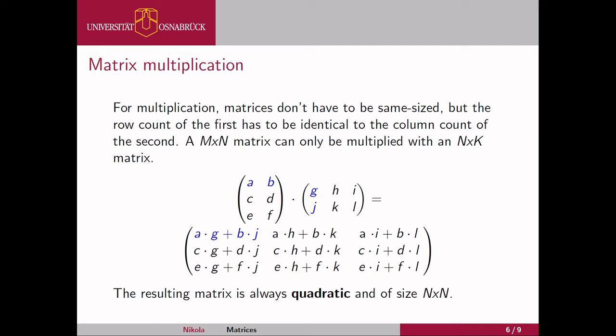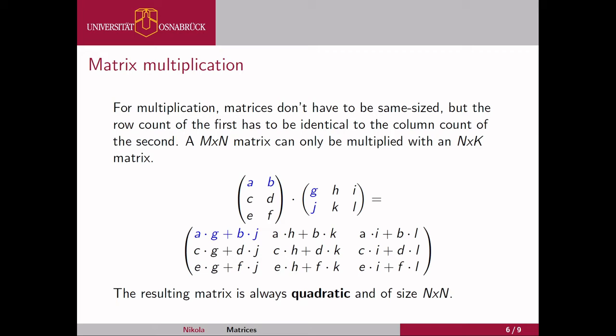The necessary property in order to be able to multiply two matrices is, we have to have two of them, a first one and a second one, and the number of columns in the first one has to correspond to the number of rows in the second one. So look at the first one.